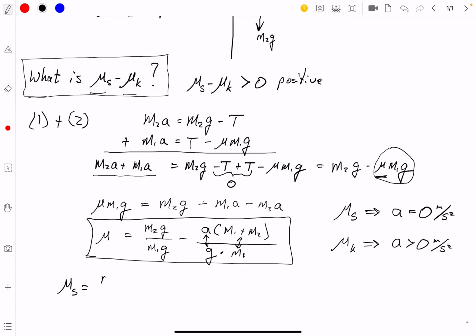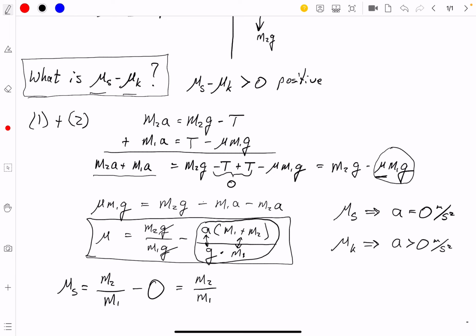So I'm going to write m2, and I'm going to cancel out the g's. Those g's are going to cancel. So I've got m2 over m1. And now I have minus all this stuff multiplied by A. Well, anything you multiply by 0 is 0. So really, mu static is equal to m2 over m1.